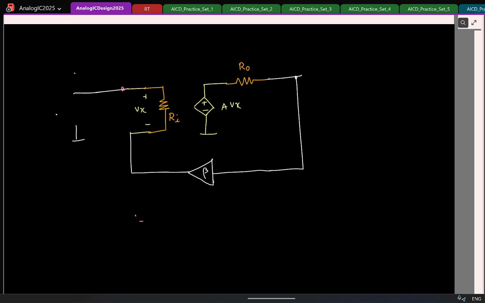I'll make it 0 because I don't want this fellow to contribute to the test current. So let us say I apply a test voltage and find the test current. Remember, we can think of it as an ideal beta, so no current flows here. The entire test current flows here. If this voltage is V test, this voltage is V test scaled by beta.